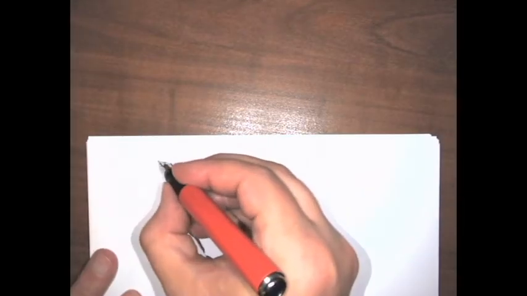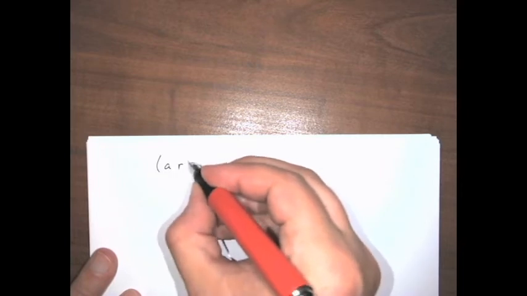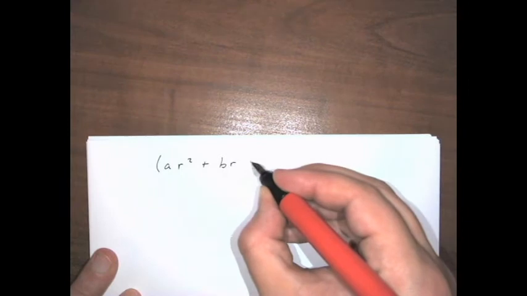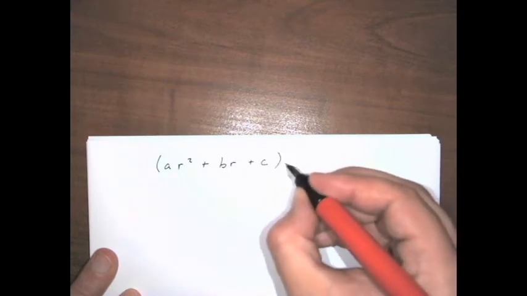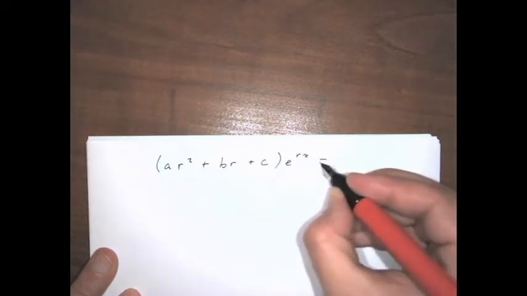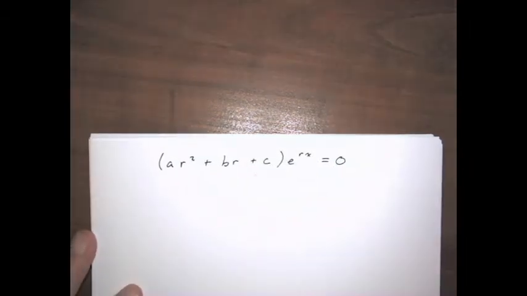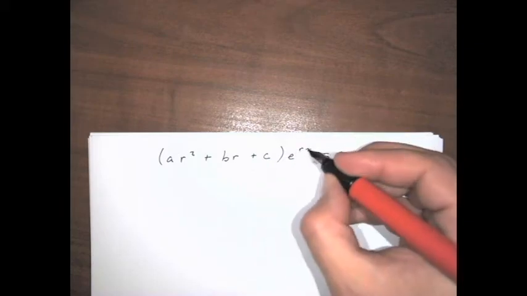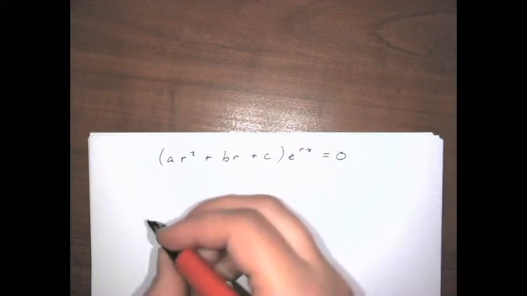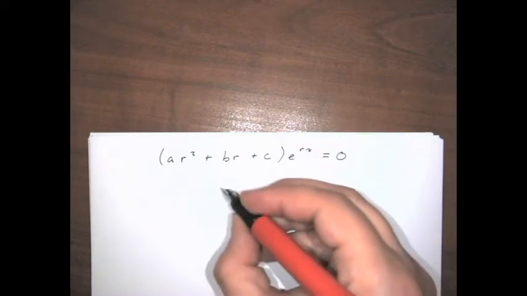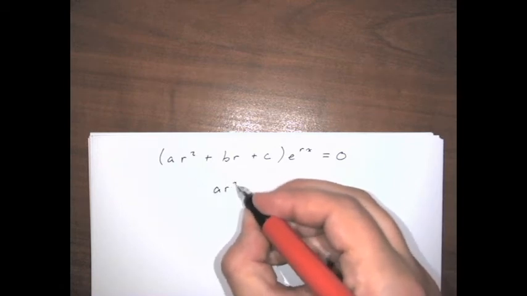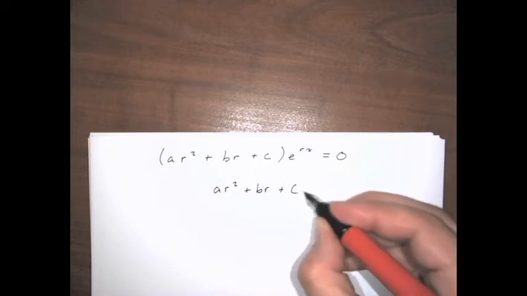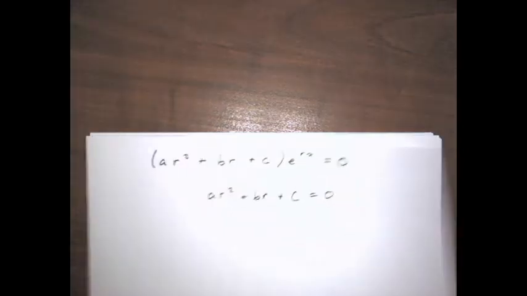In other words, we'll have a r squared plus br plus c times e to the rx equals 0, but since exponential functions are never 0, for real values anyway, we can just divide both sides by that, and we'll get ar squared plus br plus c equals 0.